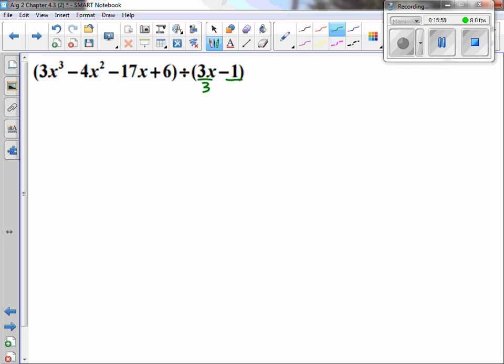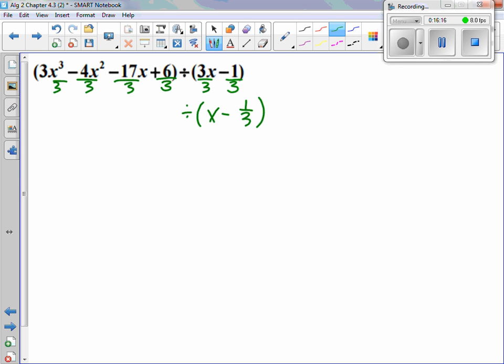So I divide it by 3, which tells me I have x minus 1/3. That's not nice, right? I can't just divide that by 3. I have to divide everything by 3.